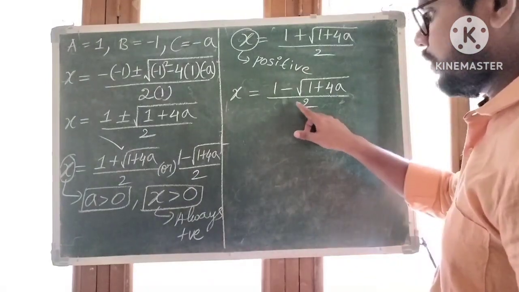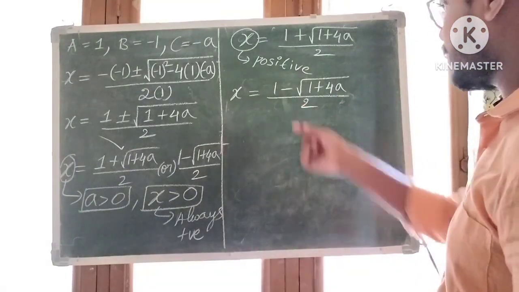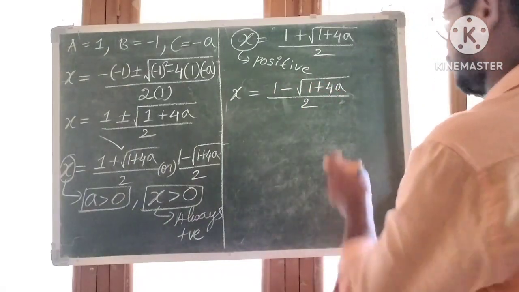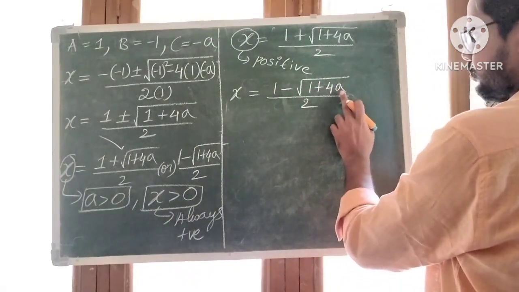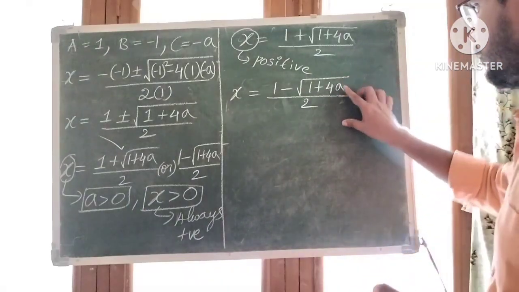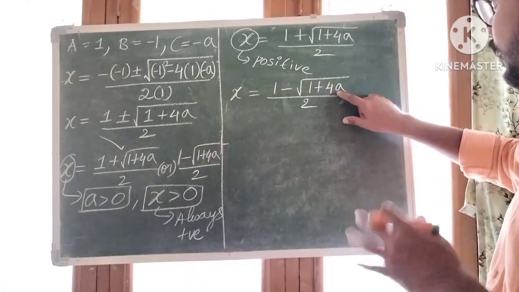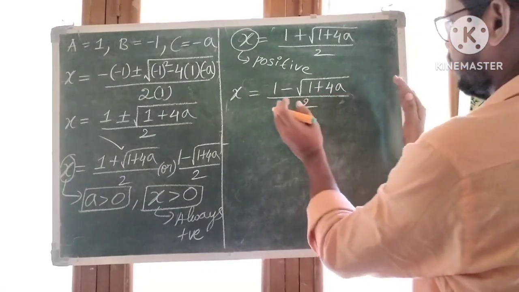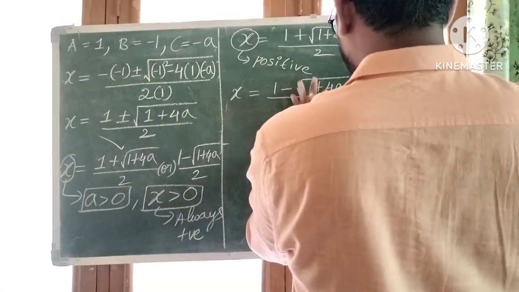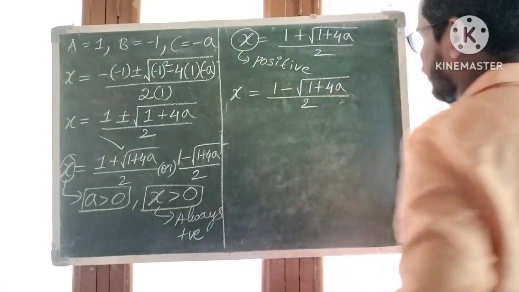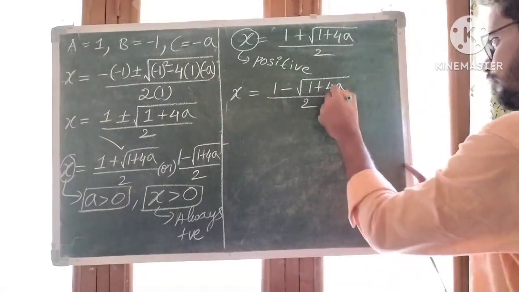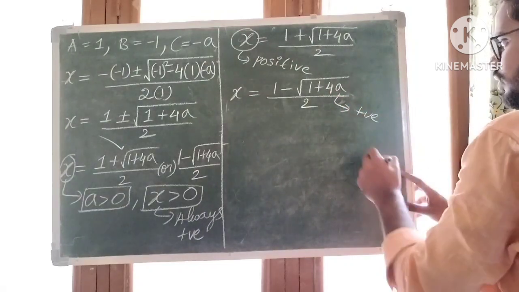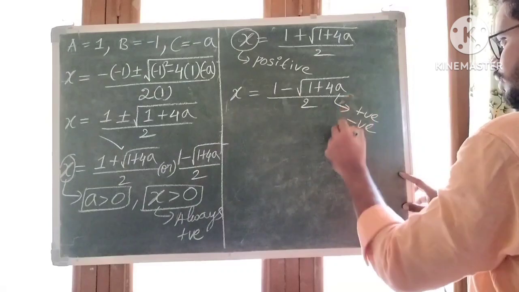Okay, so in this case we have 1 minus root over 1 plus 4a. If a is greater than 0, this value, 1 minus the square root of 1 plus 4a, by 2, may be positive in some cases, or negative.